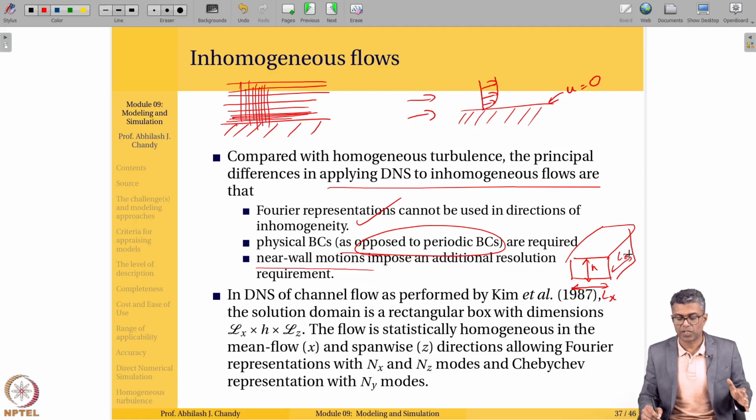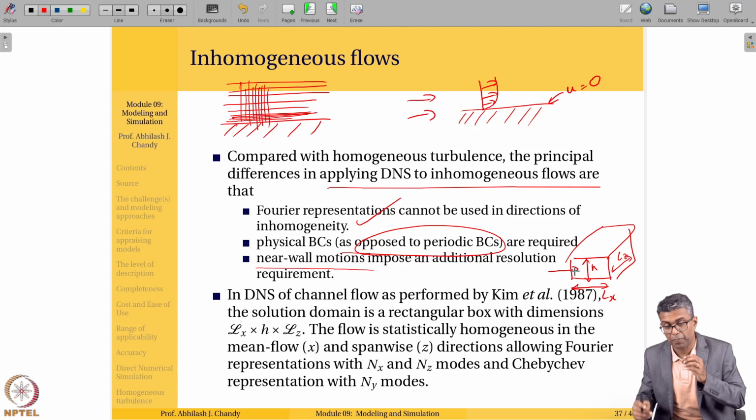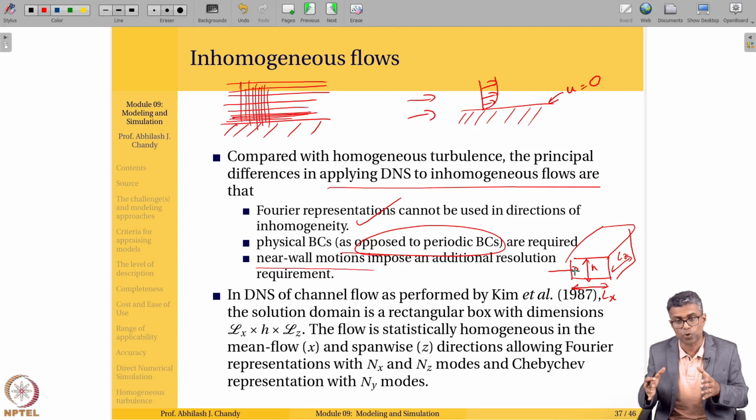So the flow was in this direction, so that is Lx, and Lz was in the spanwise direction. This way, because he was able to assume the flow to be statistically homogeneous in the x and z directions, he could use Fourier representations in those two directions. And in the wall normal direction, he used a Chebyshev representation with ny modes.